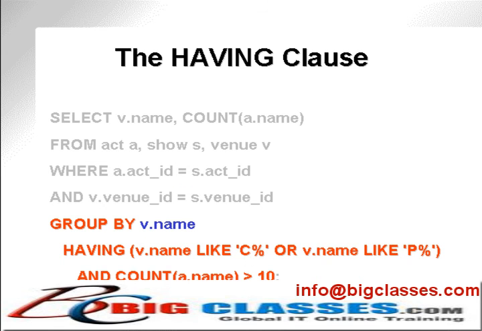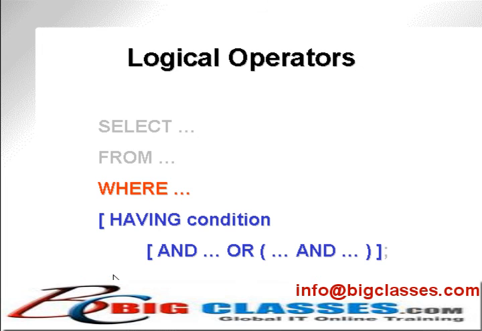As you can see from this query, with this AND logical operator, all the standard logical operator settings and precedence rules apply in the having clause as they do for the where clause.